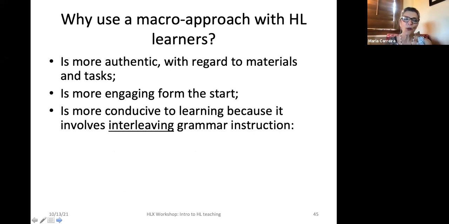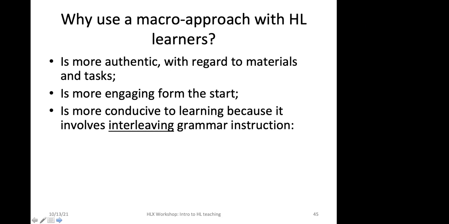And it's also more conducive to learning because it involves something called interleaving grammar instruction. When I learned this, it was a big aha moment for me. We tend to break language teaching into little bits, and if it's going to be the future tense, we focus really hard on the future tense, and we isolate it from everything. And then once we're done working with the future, we move to the conditional, let's say. And then we do everything again with the conditional, where we isolate it and we really work on it.